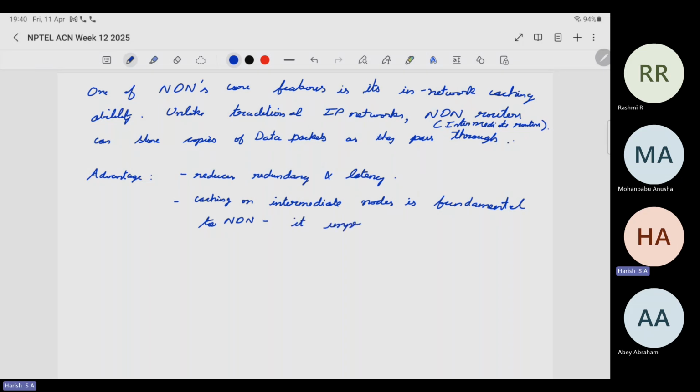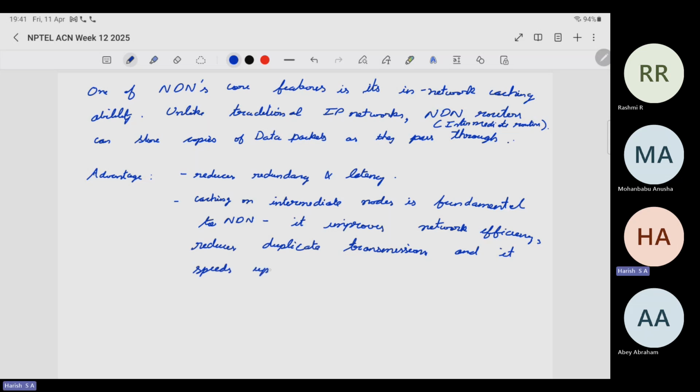It improves network efficiency, it reduces duplicate transmissions, and it speeds up data retrieval.